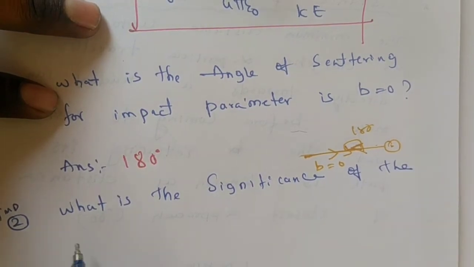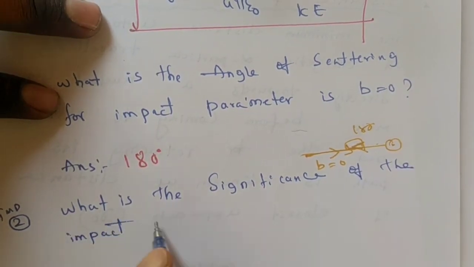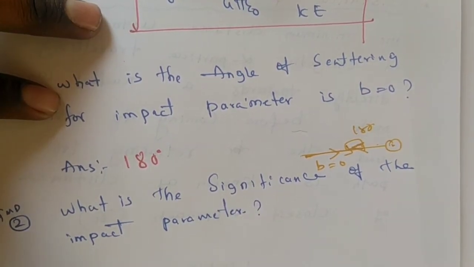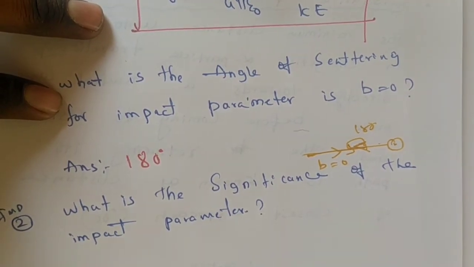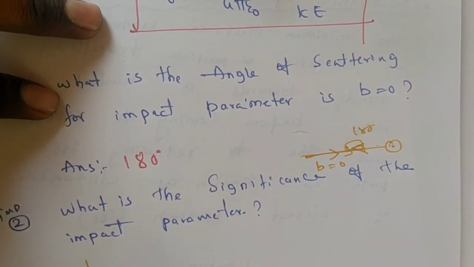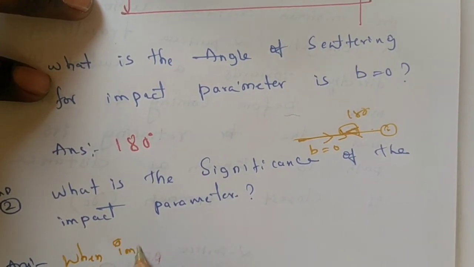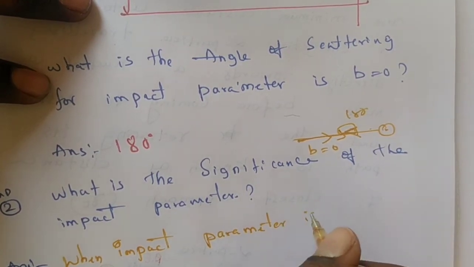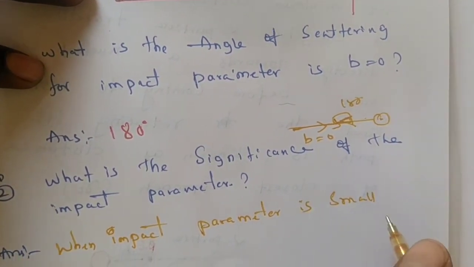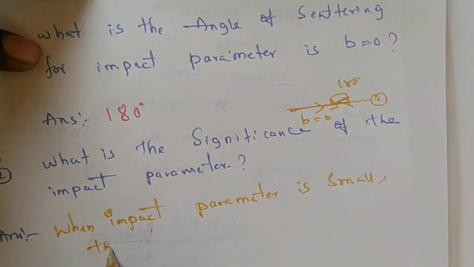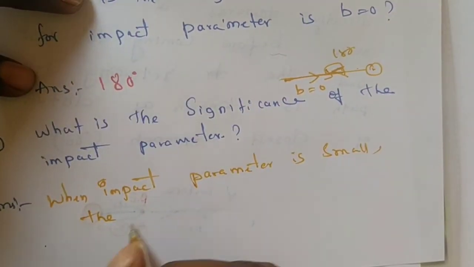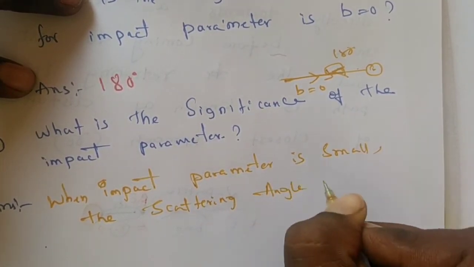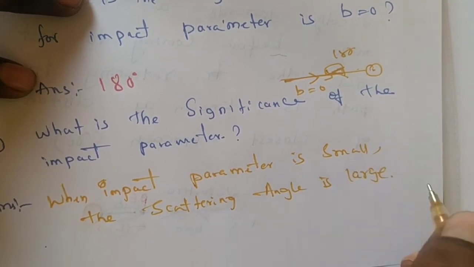Answer: when the impact parameter is small, the scattering angle is large.